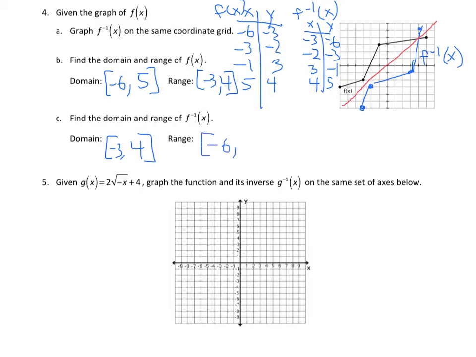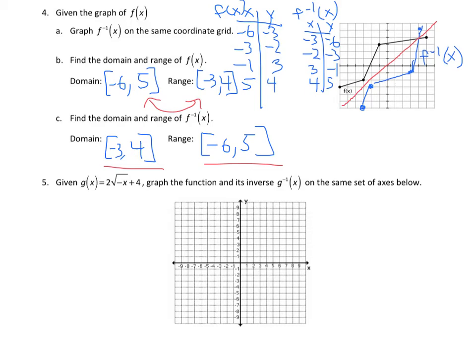The highest y value is 5. And notice that the exact domain and range just switched places. So the domain of the original function became the range of the new function. The range of the original function became the domain of the inverse function. So in every inverse function, the domain and range switch places from the original function.